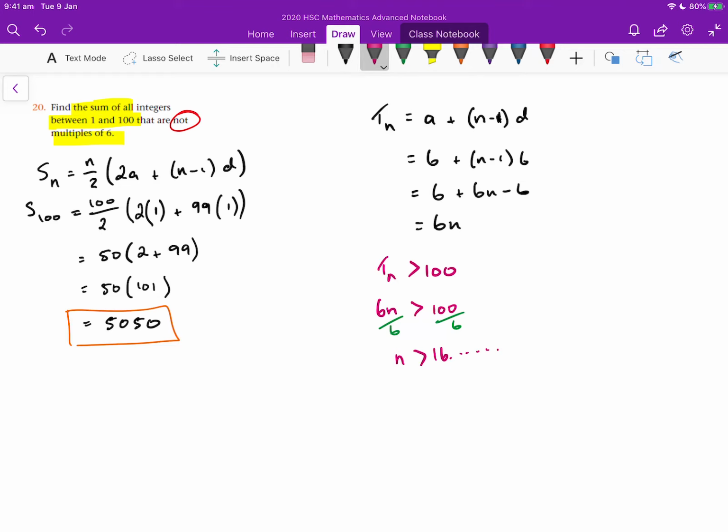So the number of terms in this series is 16. The 16 terms in that series until we get to 100, because the 17th term will take us over that. Okay, so now we have a number for n for the next part of our problem.